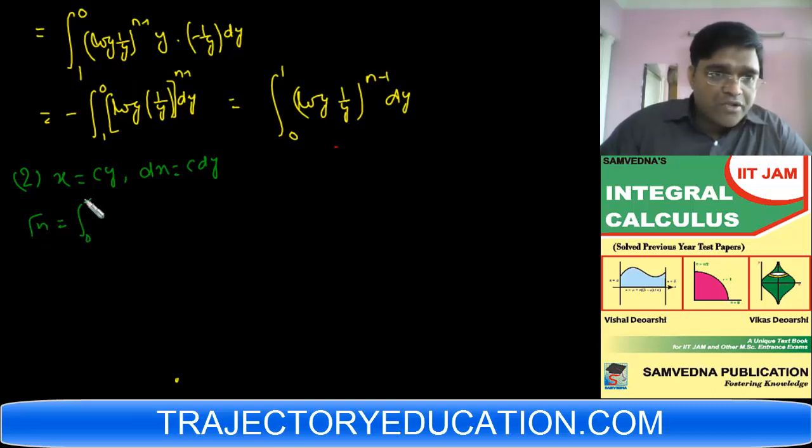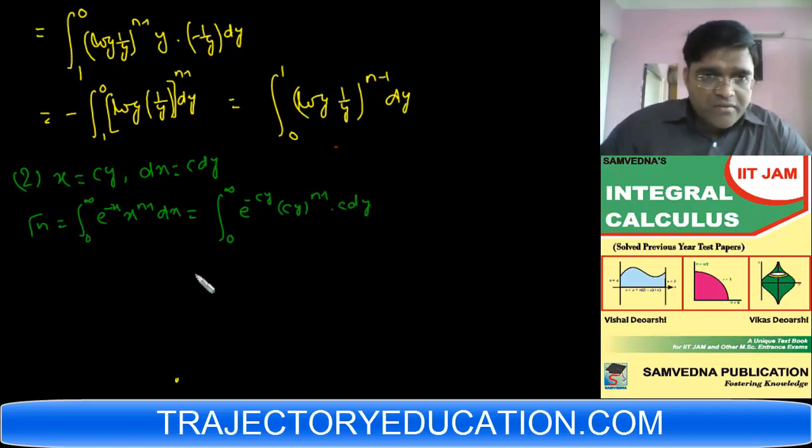Gamma n is the integral from 0 to infinity of e to the power minus x x^(n-1) dx, so I can write it as the integral from 0 to infinity of e to the power minus cy, (cy)^(n-1) c dy.